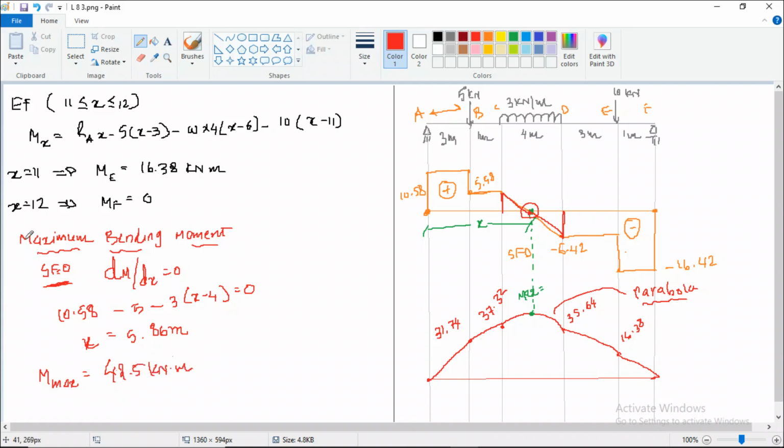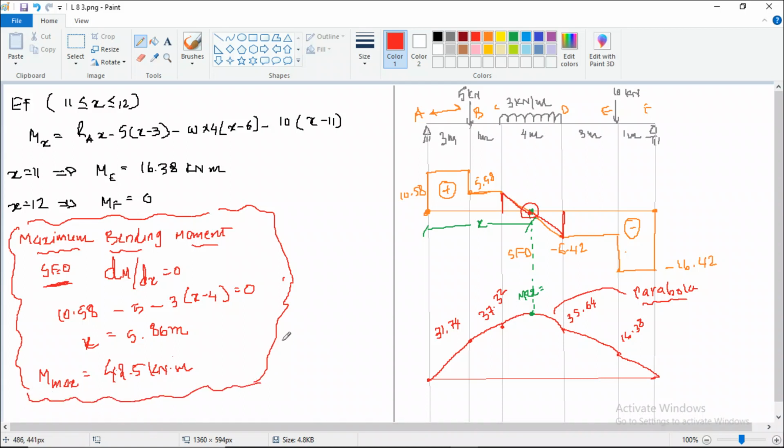Now don't worry if you are not understanding how to get these values. We'll have another separate session on how to calculate this maximum bending moment value, right? And we'll understand these values once again. But the main purpose of this session was to make you understand how to calculate the shear force values and how to calculate the bending moment values and how to draw the shear force and bending moment diagrams, what is the logic, what is the technique of drawing this, right?